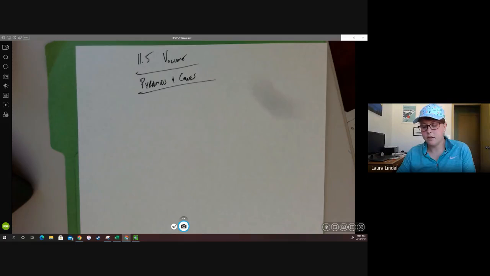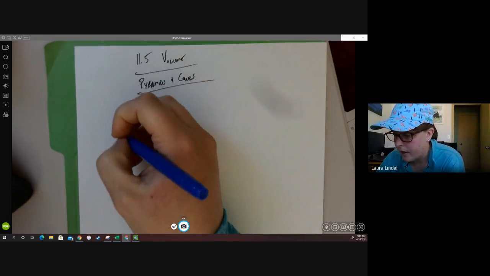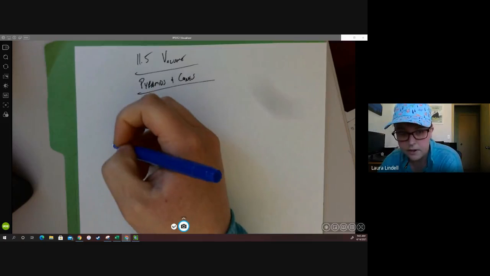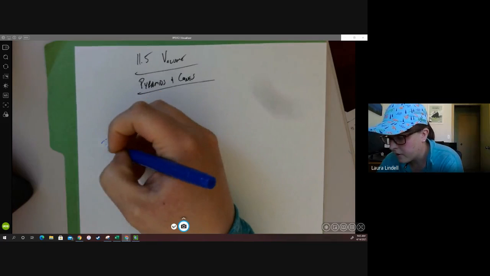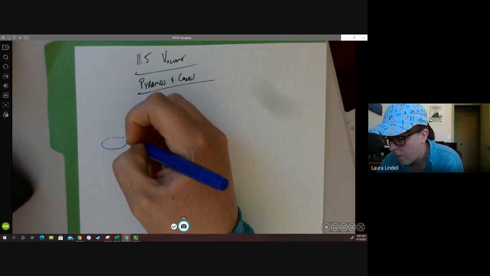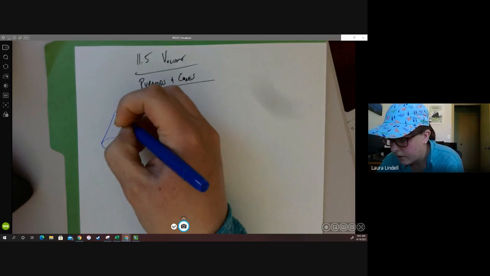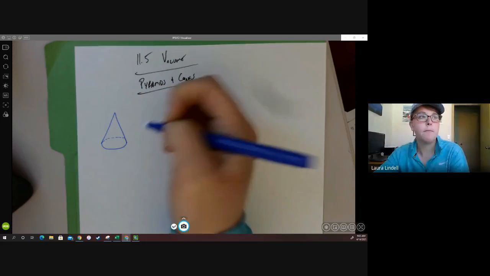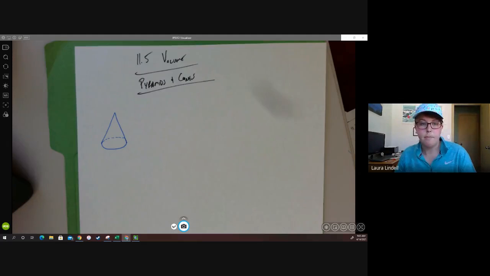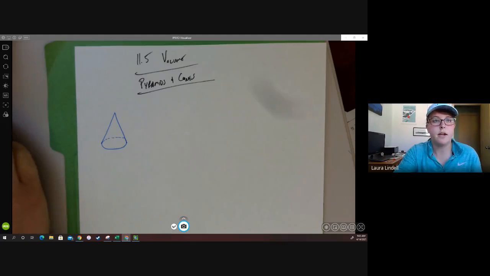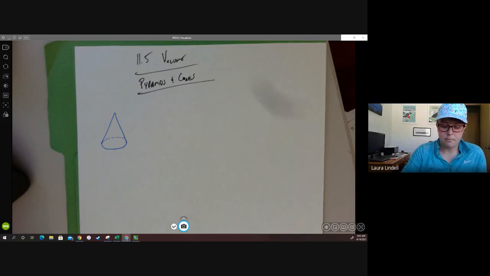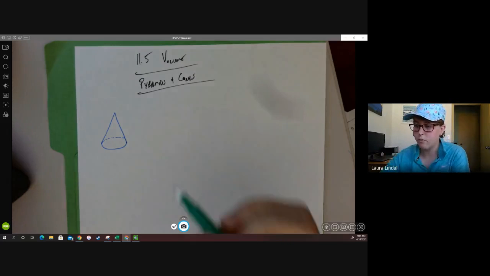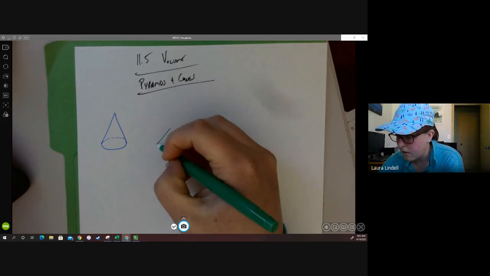But just in case, the distinction between a cone versus a pyramid is that a cone has a circular base. So if we're looking for a cone example, there we go. And then a pyramid can have one of two other kinds of base shapes. Pyramids can have either a square or rectangle base.